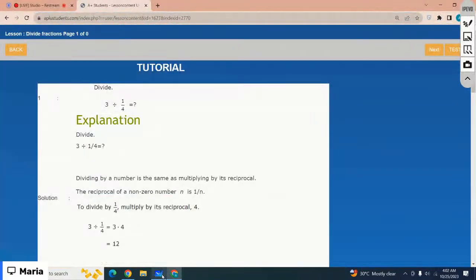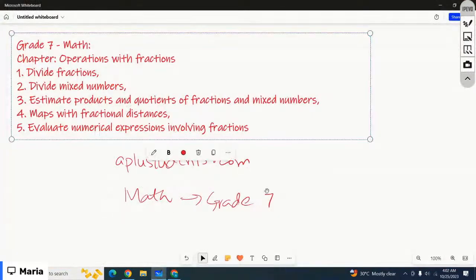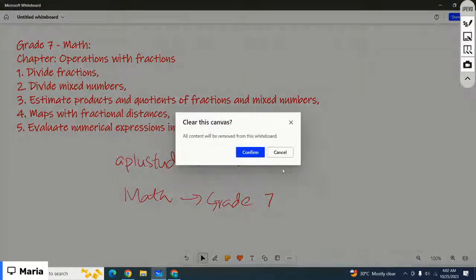So dividing fractions, for example, 2 divided by 3 by 4, right? So how do we divide?